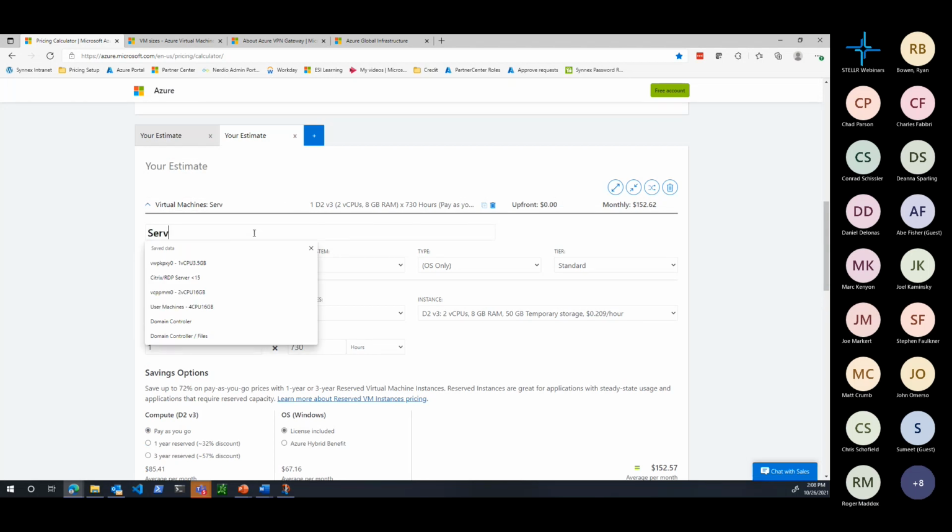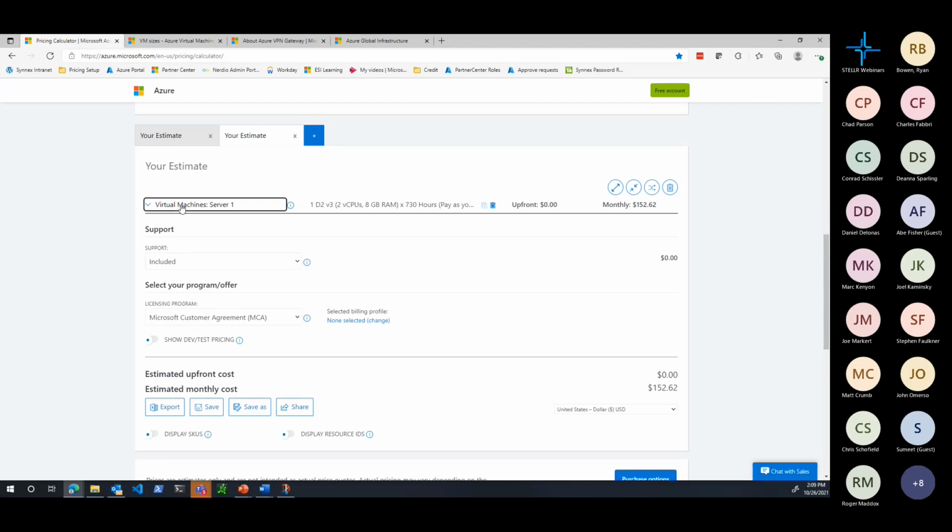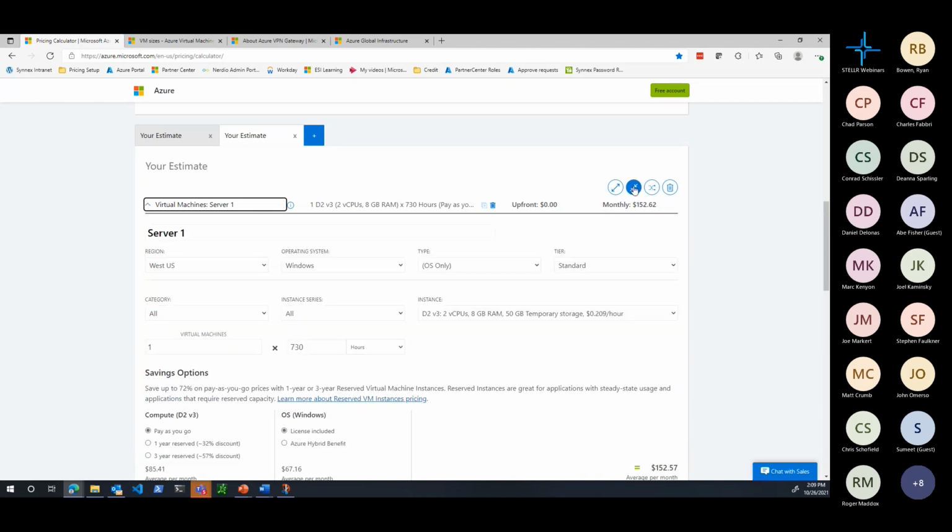So if I have server 1, I can give it a name here so I don't get confused, because as we all know, a lot of times we have more than one server within the infrastructure. So it leaves me a server 1. I can collapse this also so that everything gets consolidated and I can see everything at one time. And I can do that overall collapse, and I'll show you that once we add more line items and some of these other features that are available up here as well.